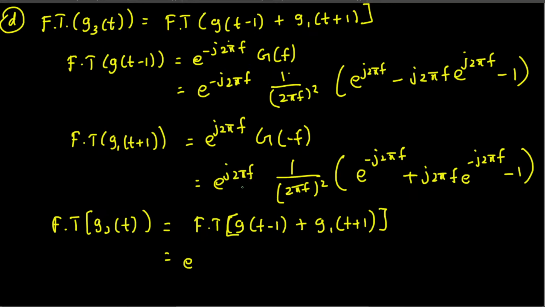here we cannot do that because we can take this 1 over 2 phi f square common, but if you notice, this is e power minus j 2 phi f, this is e power plus j 2 phi f, so we cannot take that one common, but we can take this 1 over 2 phi f square common.